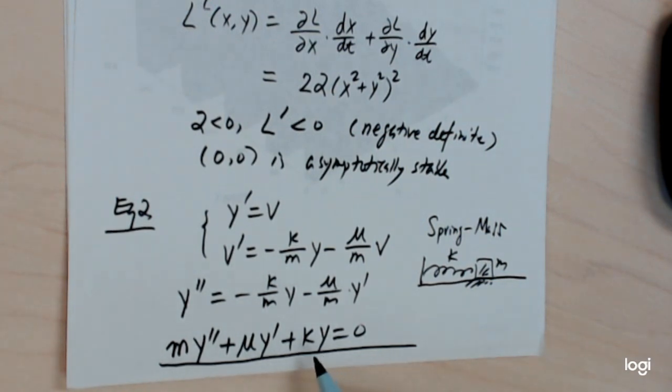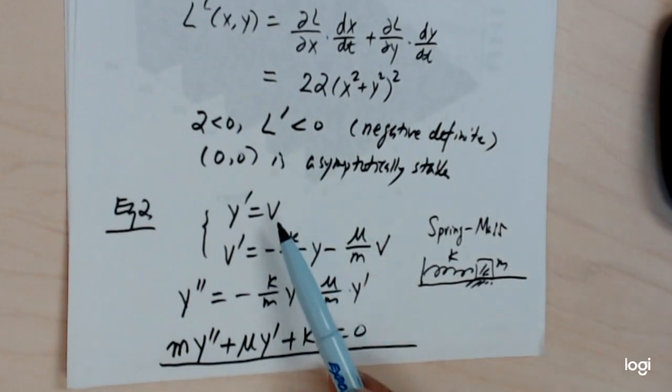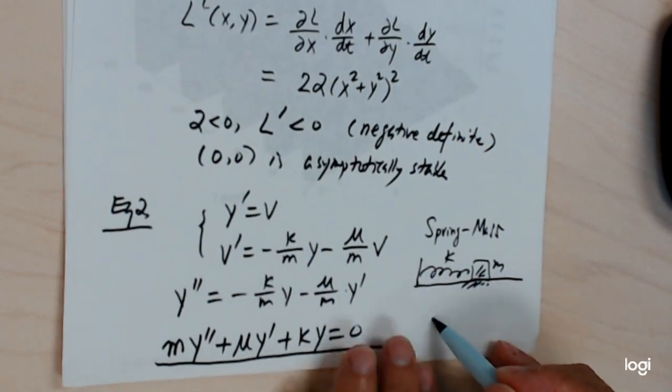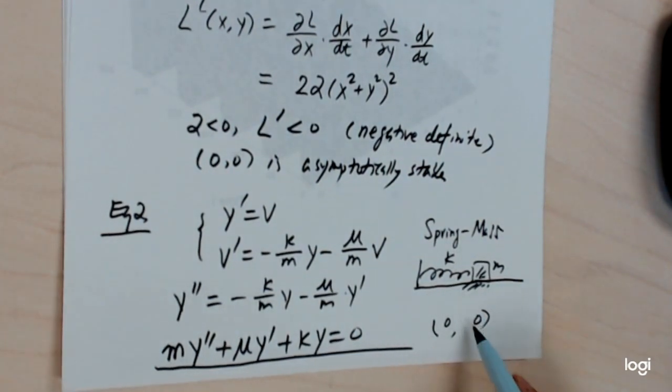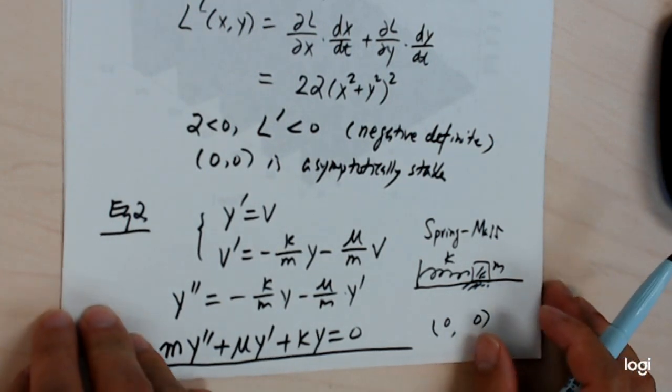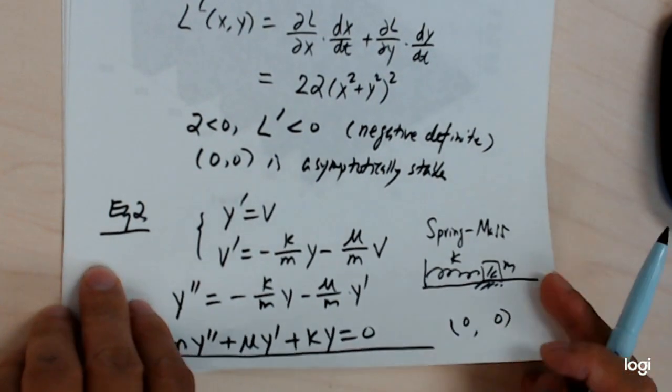But that's not the goal here. The goal here is to study the behavior of equilibrium, which is when phi is 0. When phi is 0, y is also 0. In other words, the velocity will be 0. The displacement is also 0. All right, what's going to happen to the mass? So that's the problem.